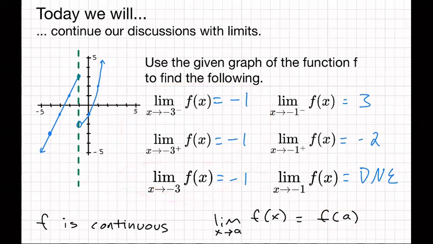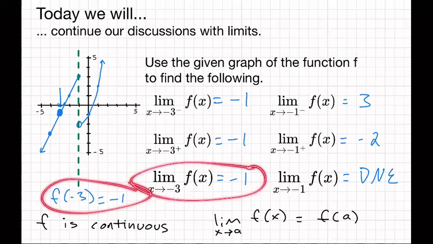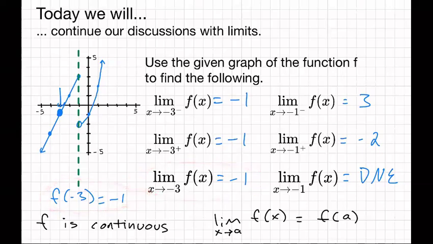Now, if we look at our graph and ask what is f of -3, we can plug it in and see there's a point right there that happens to equal -1. Because these things are the same, we can then say that f is continuous at x equal to -3.